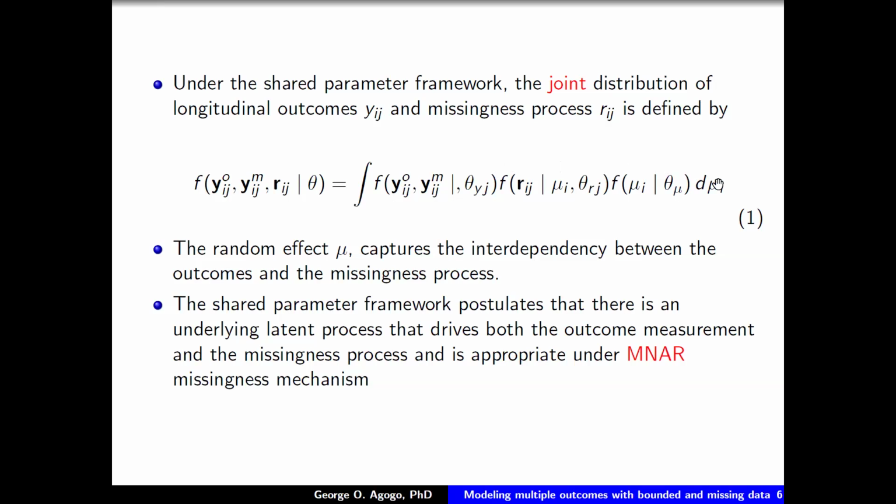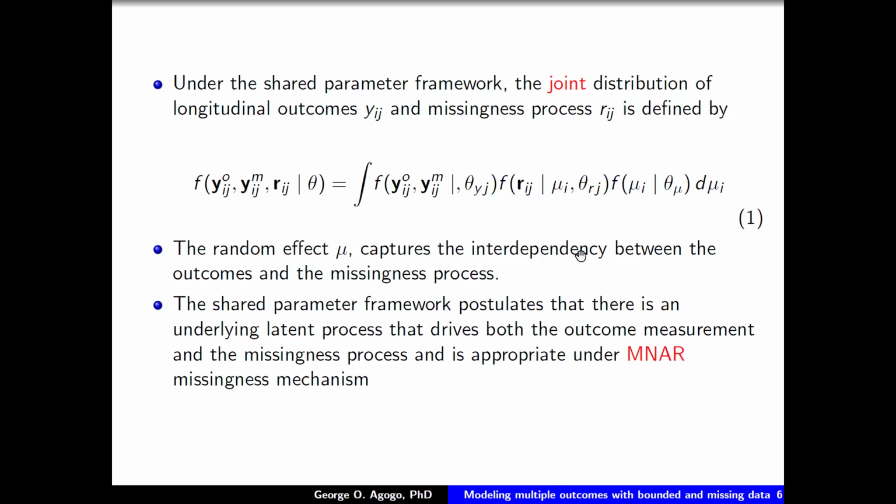It is an integral, which means we are integrating over the latent factors. Because the latent factors do not appear on the left-hand side of the equation, we integrate them out. Now, this mu here is called the random effect.